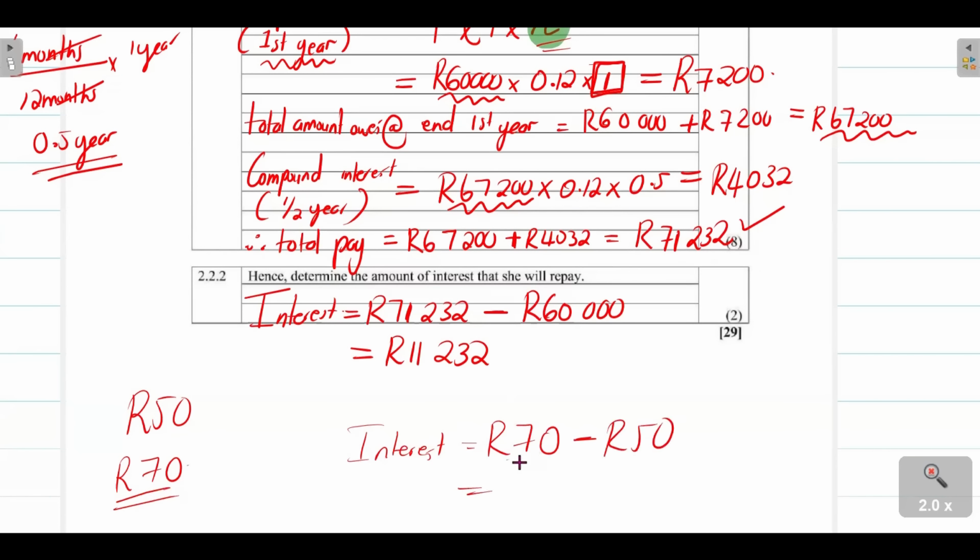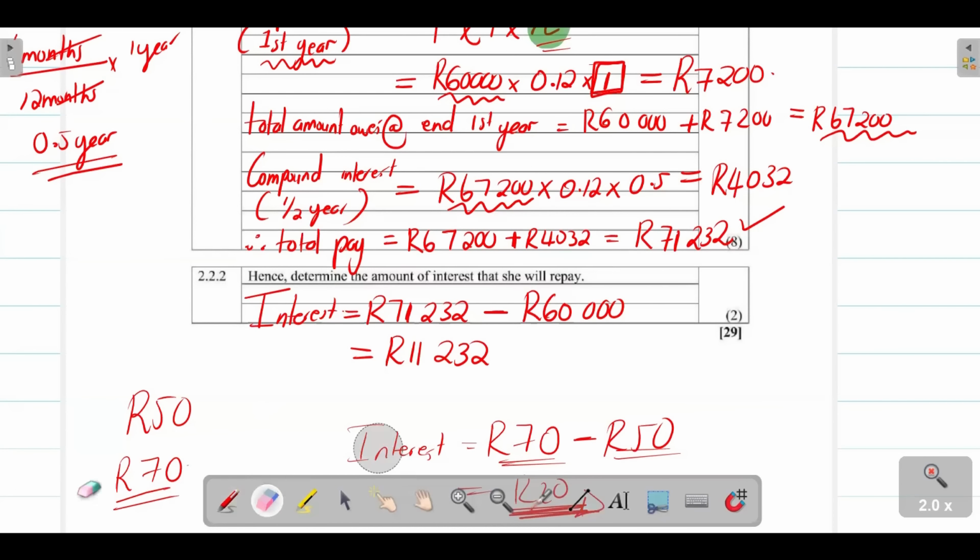This is the amount that she paid me, but this is the amount that she borrowed from me. So the difference between the two would be 20 rand. So I basically charged Latoya an interest of 20 rand. Please, you need to always think of your interest in this way: it's the total amount that you've paid at the end of the financial period minus the initial amount that you borrowed.